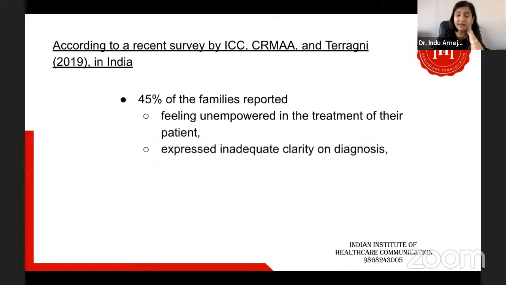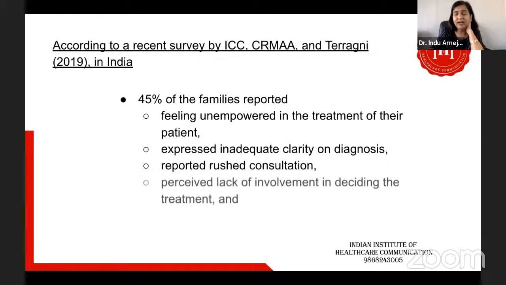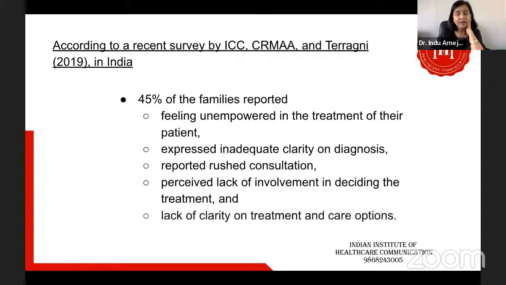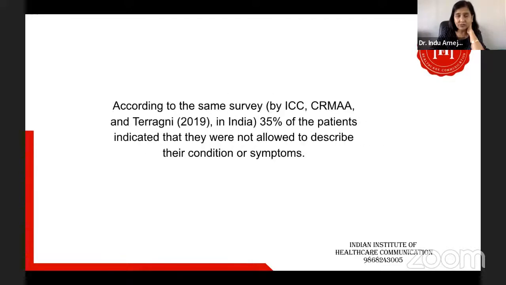They expressed inadequate clarity on diagnosis, reported rushed consultation, and perceived lack of involvement in deciding the treatment, and lack of clarity on treatment and care options. So that should tell us that almost everybody wants these details to be shared with them, but we do not actually honestly address this and share this with them.